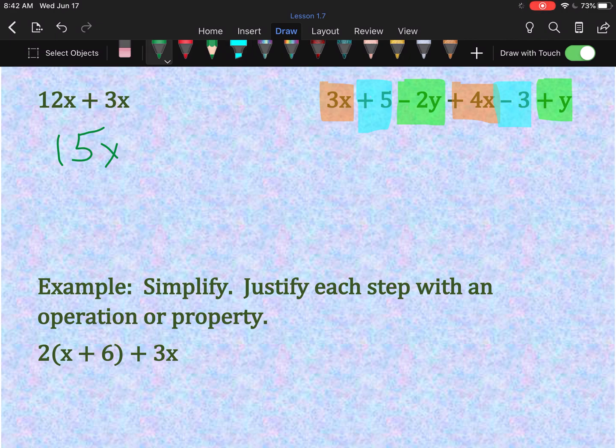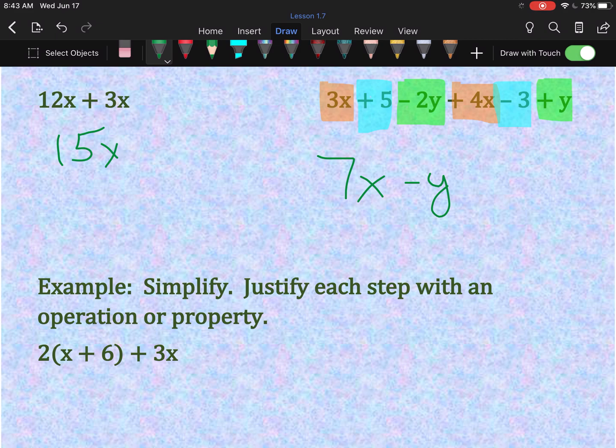Notice how I'm including the sign that comes before the number with the number so that we know what's positive, what's negative. So now I can look at this and say, okay, the x's are in orange, 3 and 4 make 7 of those. The y's are in green, -2 and 1 of those makes -1 of those. So we just write -y.